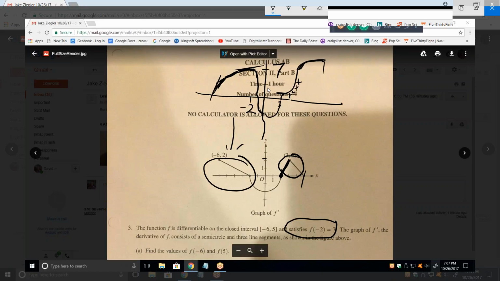But then they flatten out and they start decreasing, which is this. And the slope doesn't get to 0 until that point right there, which is the equivalent of that point. Okay? So I kind of feel like we have a reasonable approximation of the original function.